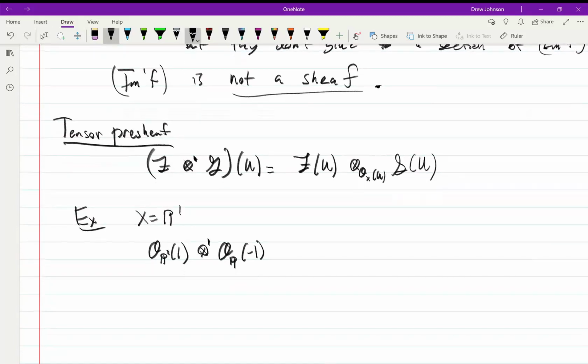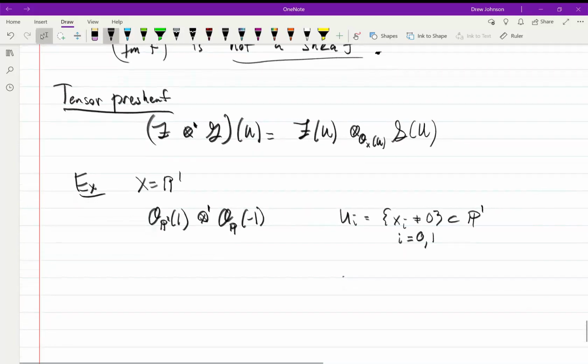Okay, and we'll take the open subsets U_i to be the sets where x_i is not equal to 0 in P1. And remember that this is for i equals 0, 1. That gives you an open cover of P1. All right, and then let's take two sections here.